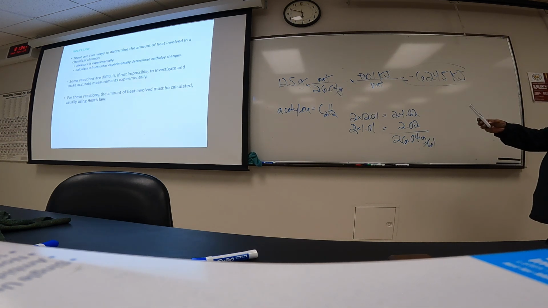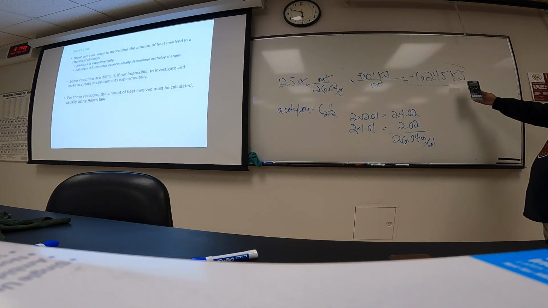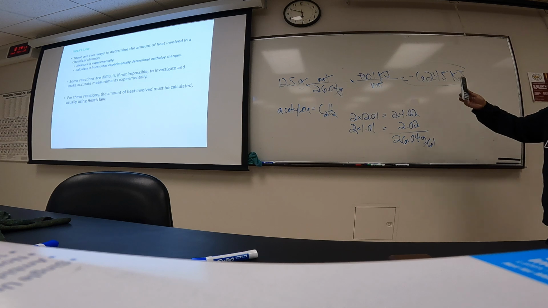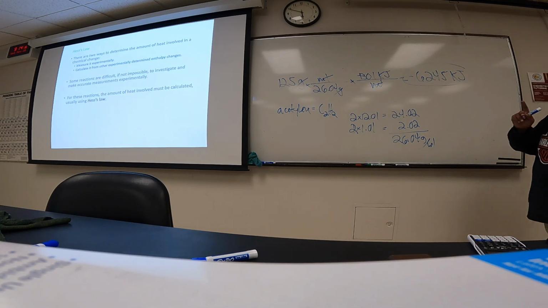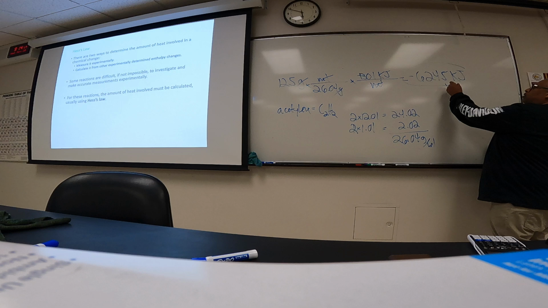So 125 divided by 26.04 times negative 1,301, I get negative 6,245.19963. So it might be maybe some couple numbers mixed up. Yeah, so I do get this as a match.